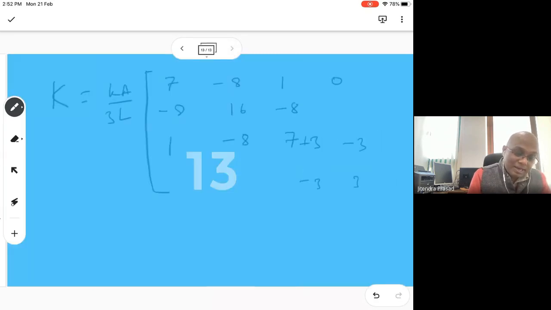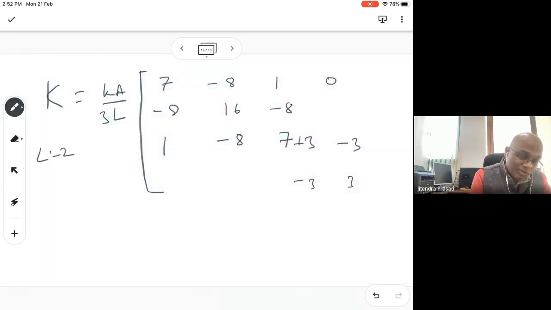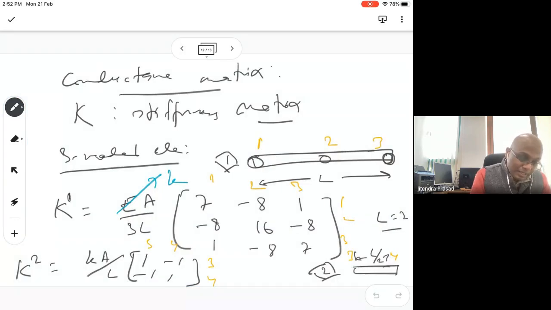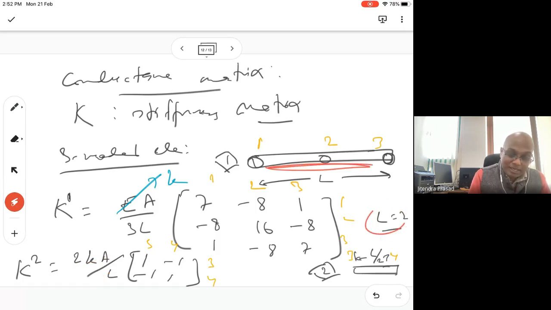So that way, L equal to 2, and in that case we will have our K as 2K over L, because L over 2 will be here, right? Yeah, because L equal to 2, and this is L and this is L over 2, to be consistent.